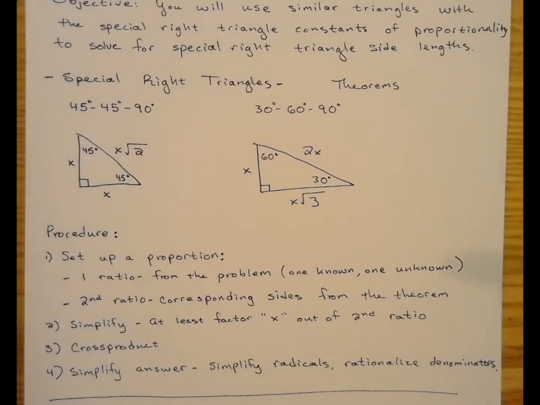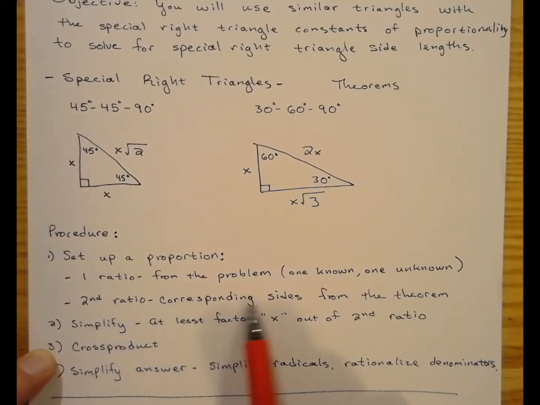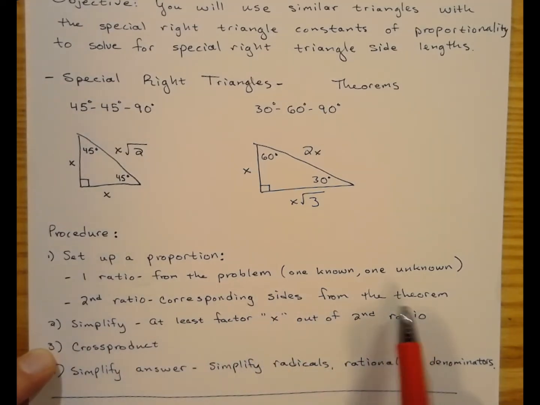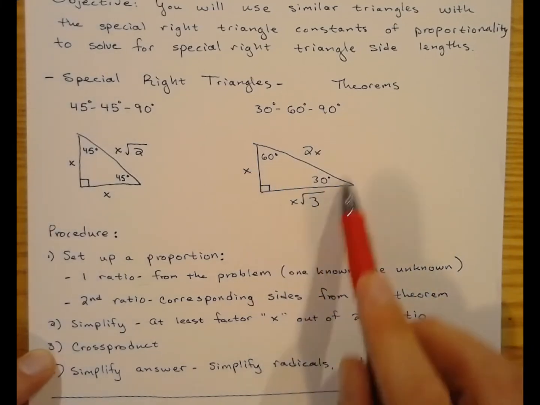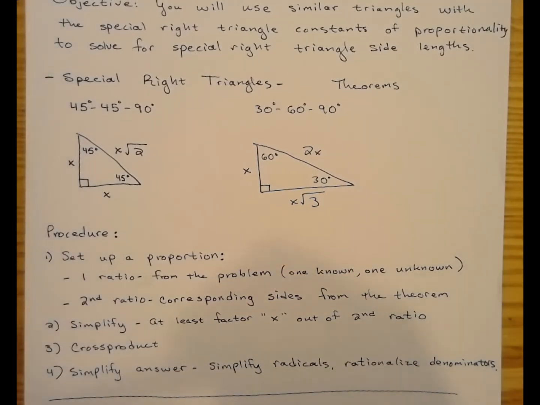And then the second ratio, however we set the first one up, we're going to have the corresponding sides match up to the first ratio, and both of the quantities from the second ratio are going to be the constants of proportionality from the theorems. After we set that up, we're going to simplify the proportion as much as we can.